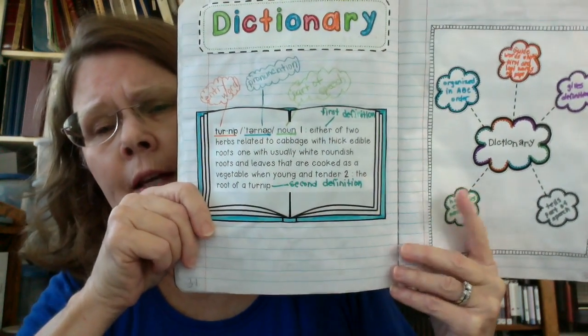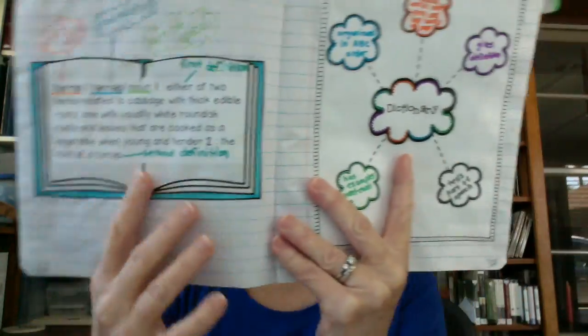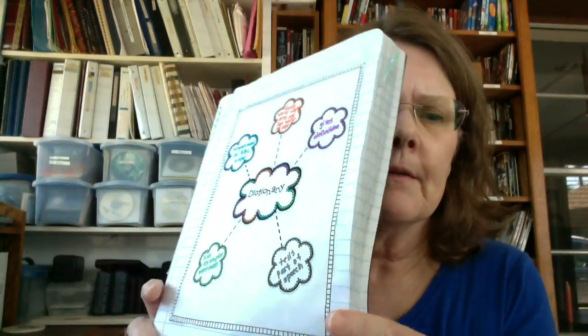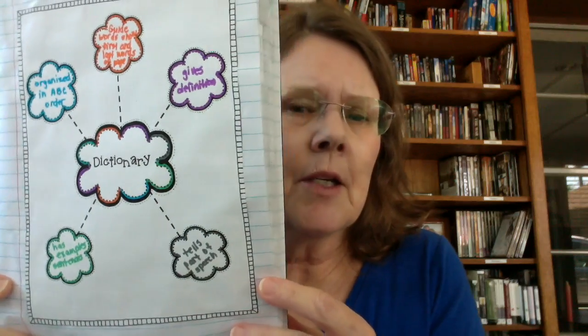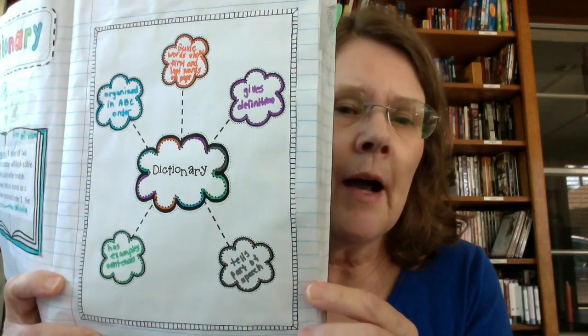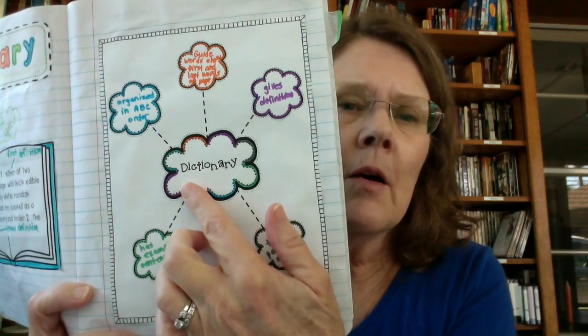All right, let's go ahead and look over here at this page on this side. All right, I'll get over here so that we can turn it towards you a little bit better. All right, there's some things about a dictionary that I have mentioned before, and I will mention it again because you're going to write them right in these little clouds, okay? Of course, this right here talks about a dictionary.